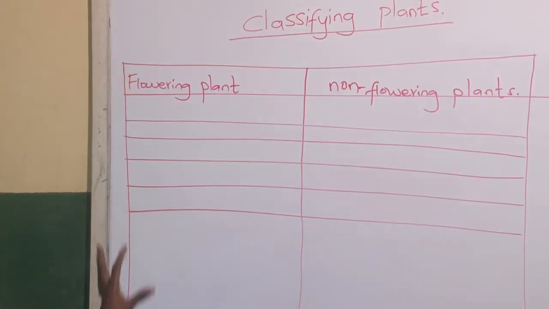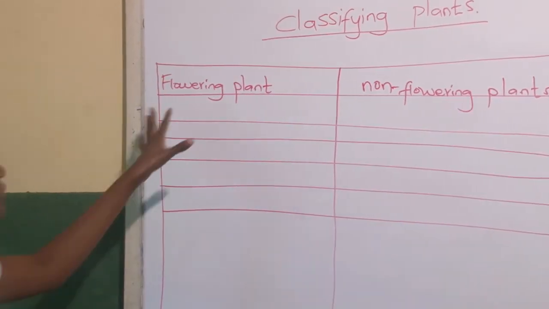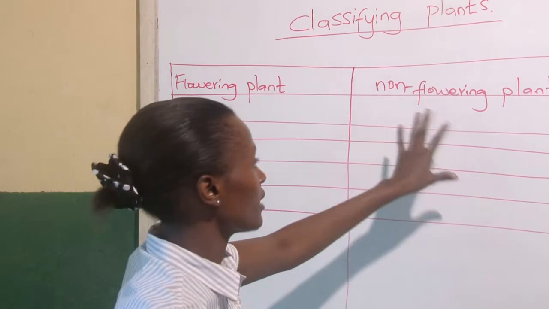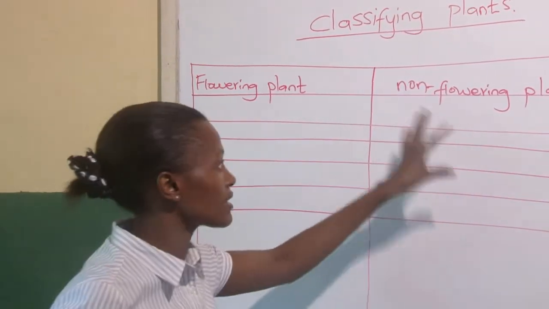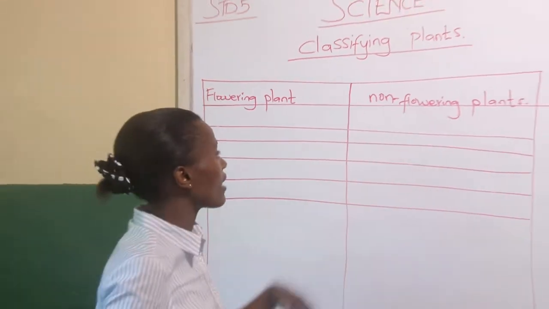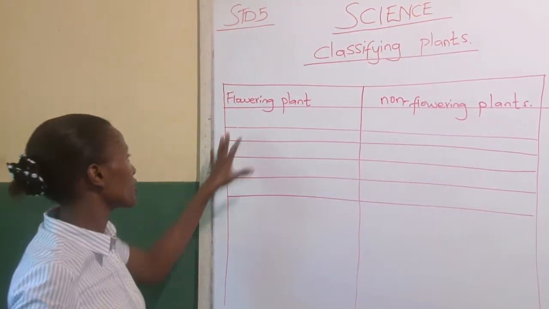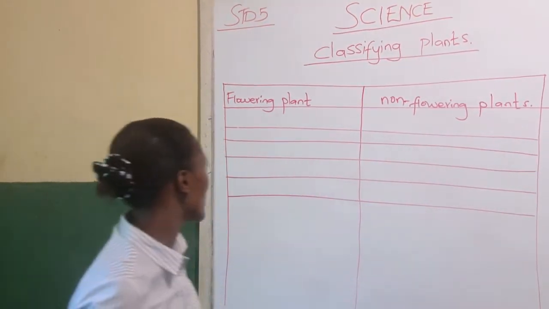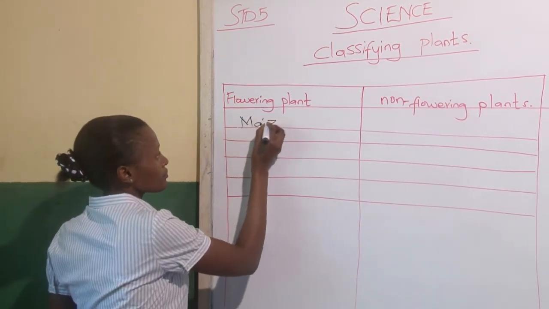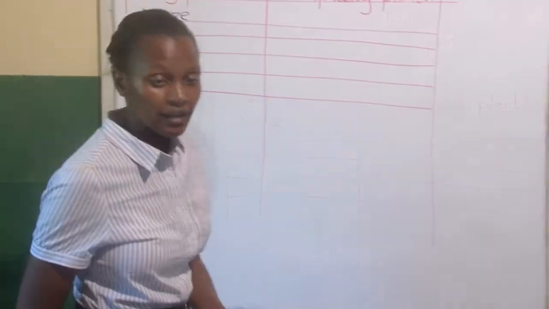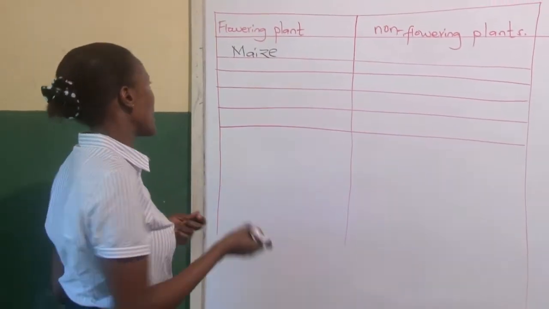Here I've got a table. We are going to look at the flowering plants and the non-flowering plants. The plants that have got flowers and green plants that do not have flowers. For example, here we can have the maize plant. Another example, we have the bean plant.